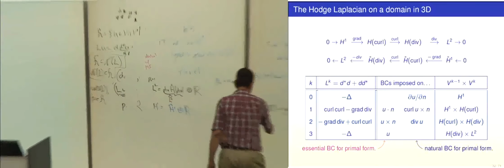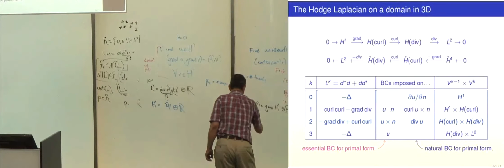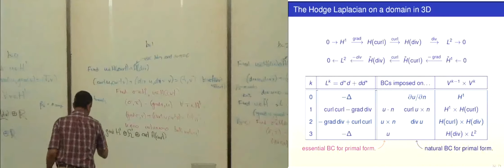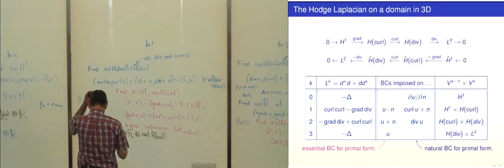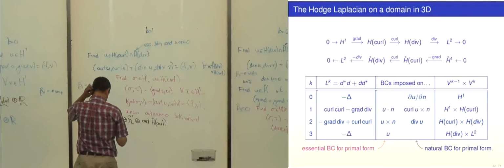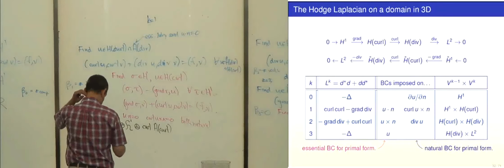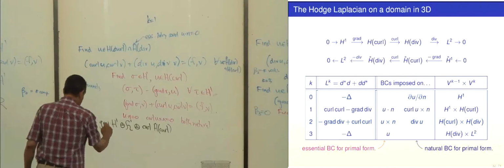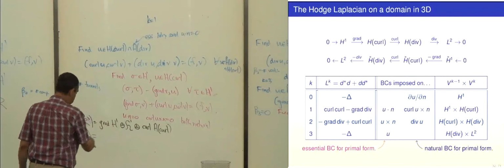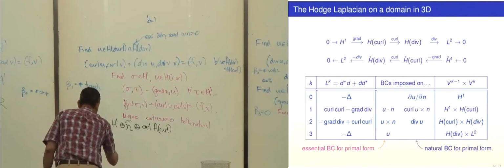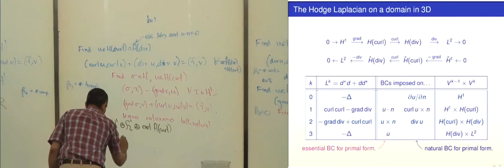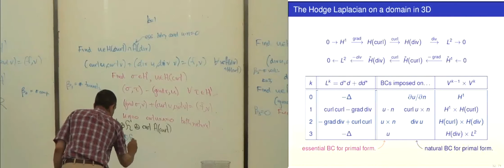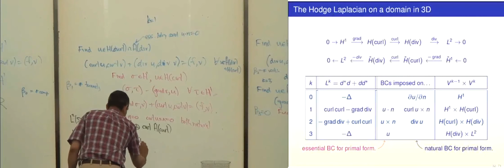This one would say H curl: the gradient of H1 is already in H curl, so that part doesn't change. The harmonic forms are already in H curl, so that part doesn't change.